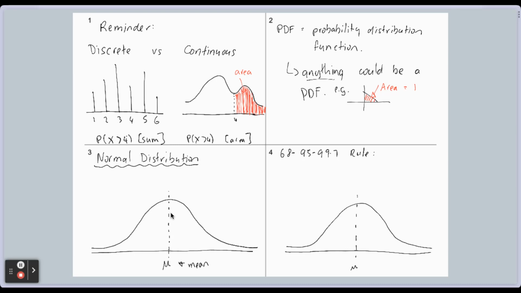And that means that this side of the mean would represent 50% of the data, and this side of the mean would represent the other 50% of the data. And so you could say things like the probability that X is larger than the mean would be equal to 50%.